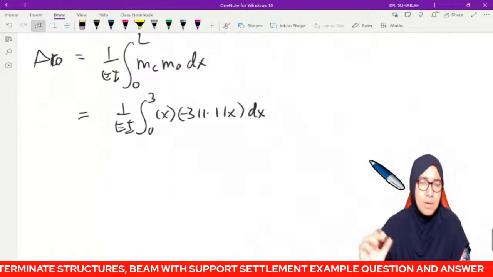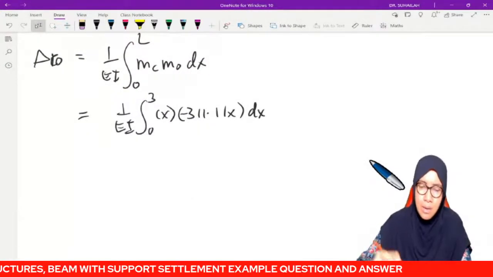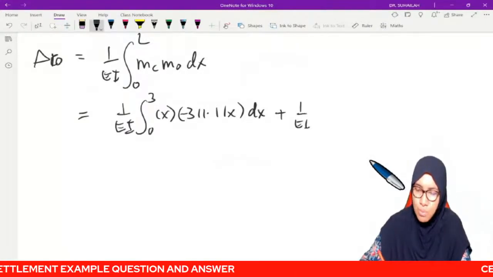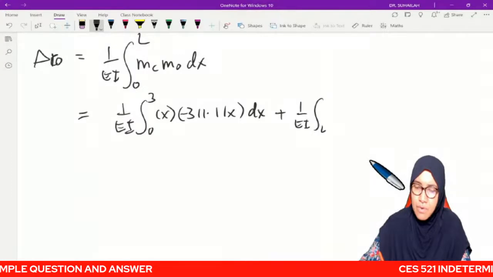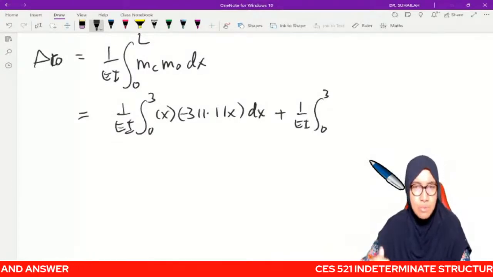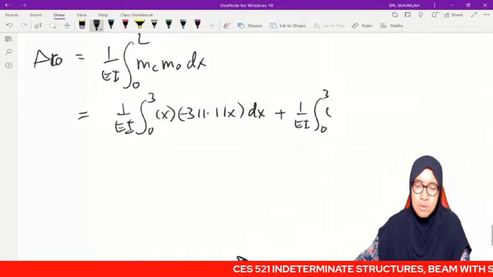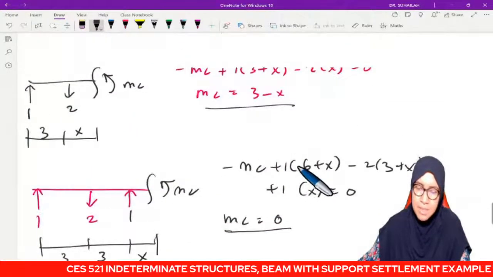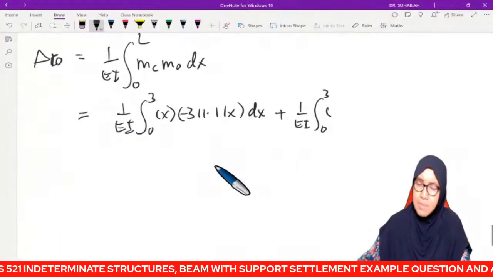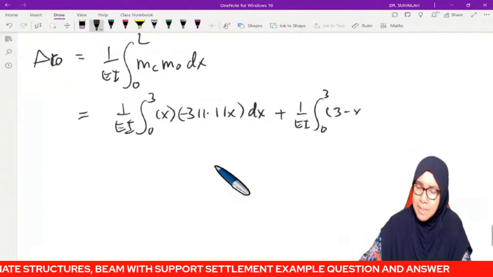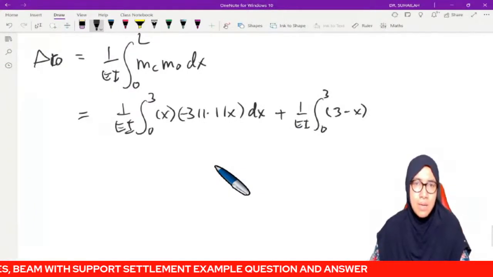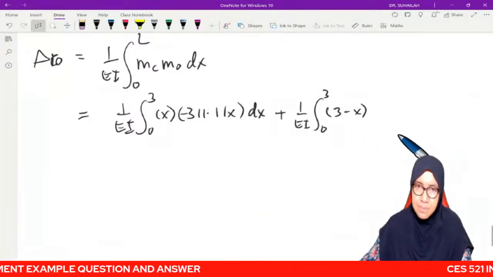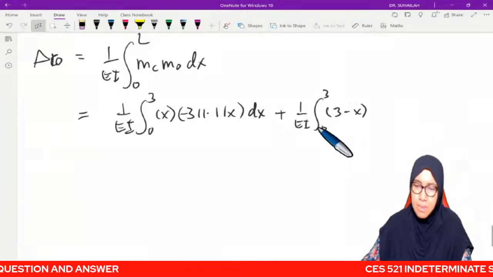We have to add section number 2, again 1 over EI, from 0 to 3 again. MC is 3 minus x.